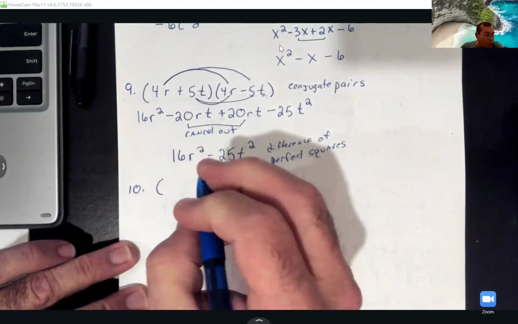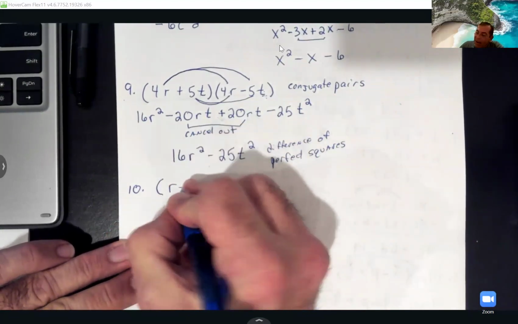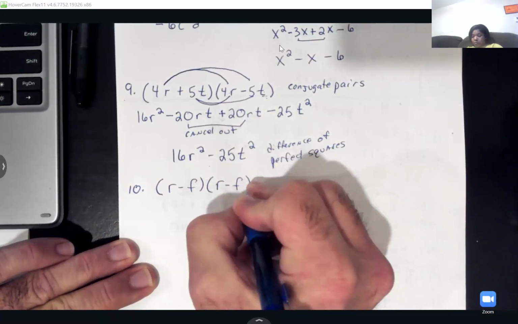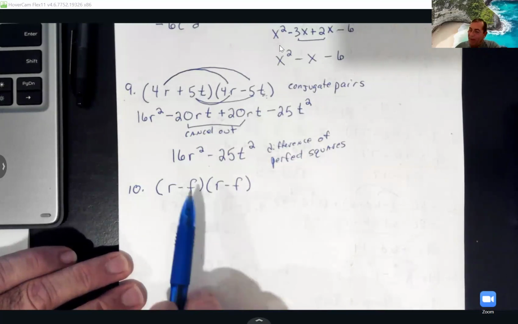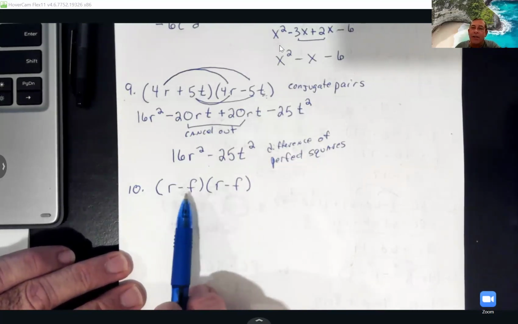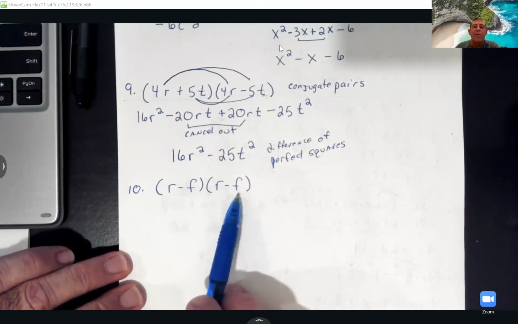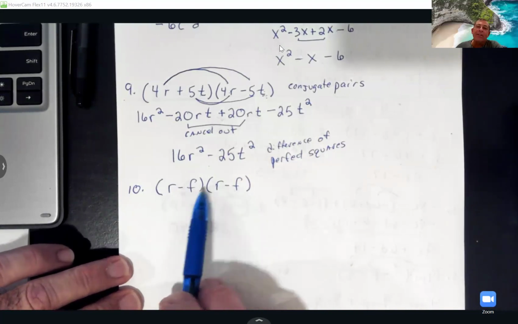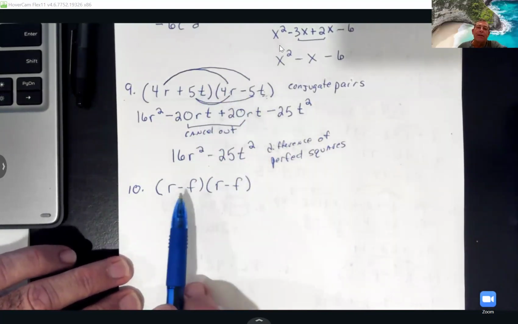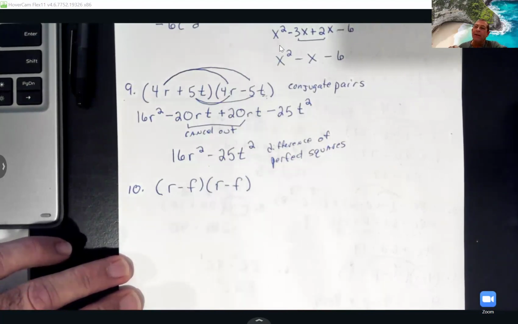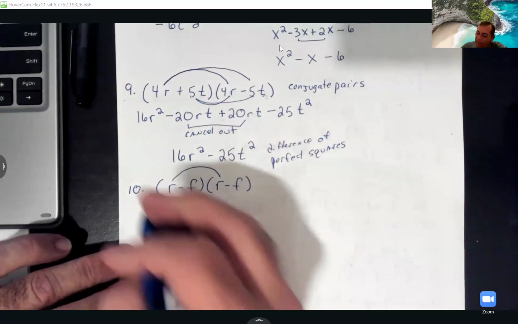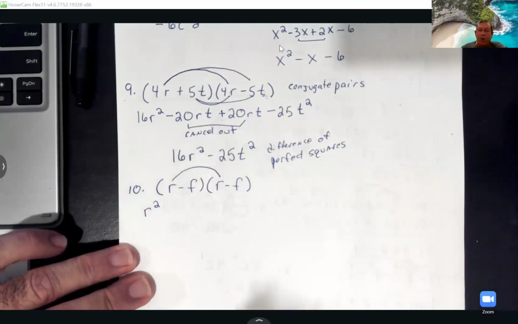All right, y'all, they have one that is r minus f times r minus f. So be careful. These are not conjugate pairs because they're both being subtracted. So people get these mixed up with these conjugates, but they're not. Now, when you FOIL these, nothing will cancel, okay? So y'all, let's go. R times r is r squared.